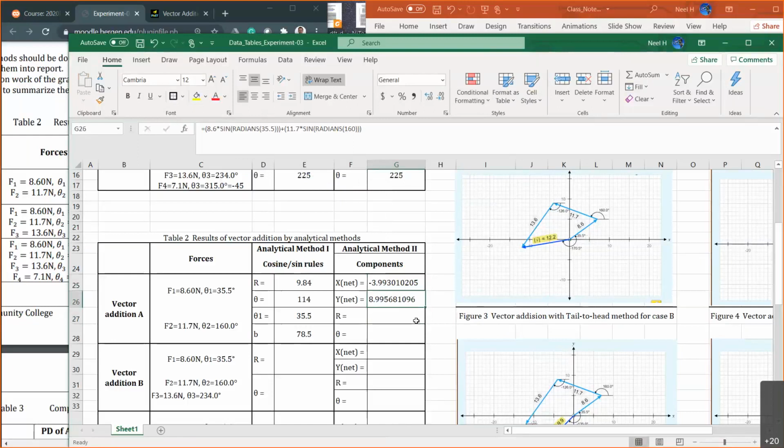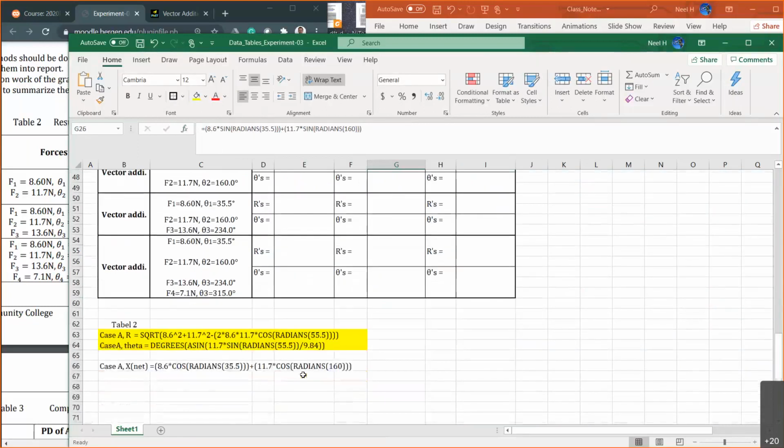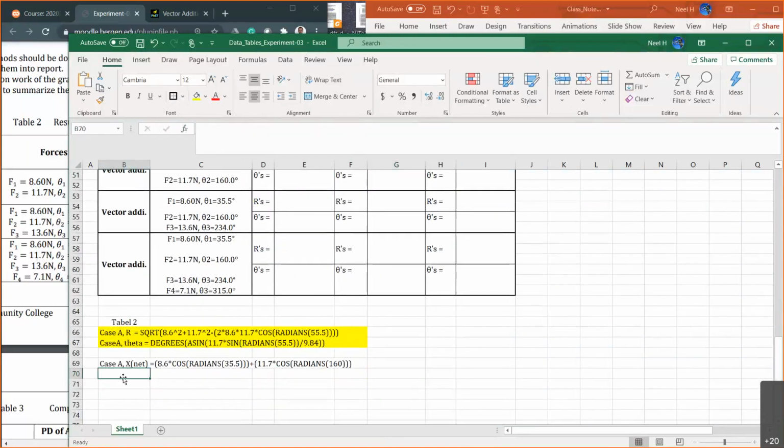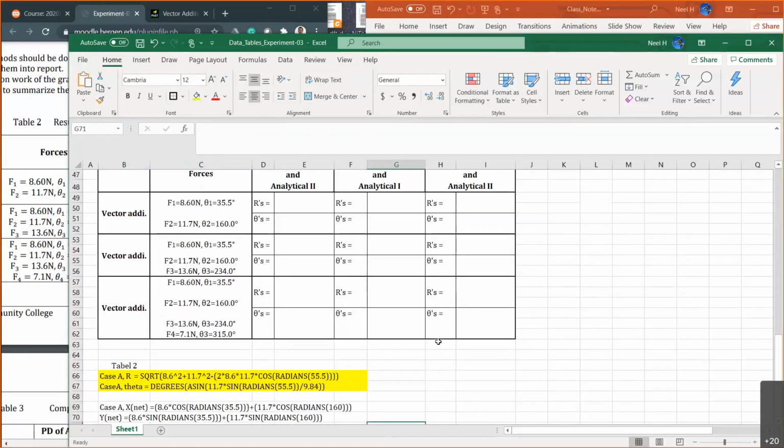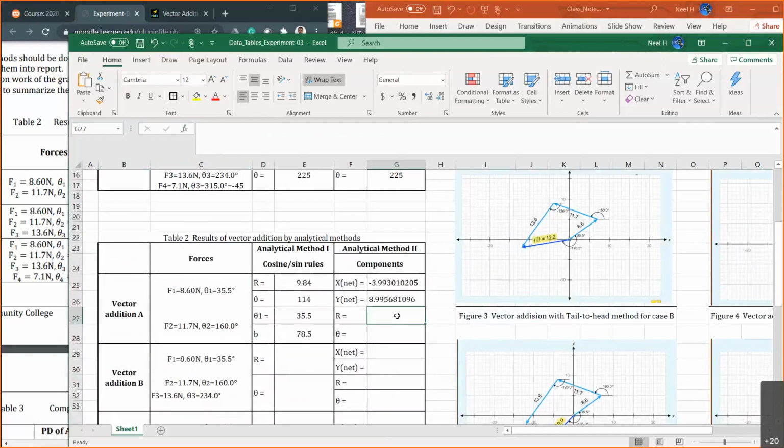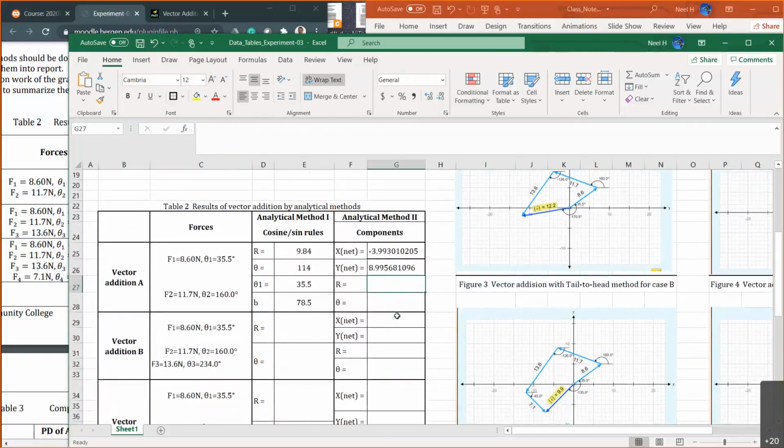That should be a positive number. We copy paste that function also. Here, this is y net. Case A is still okay. That is y net, and then let's do the result question.